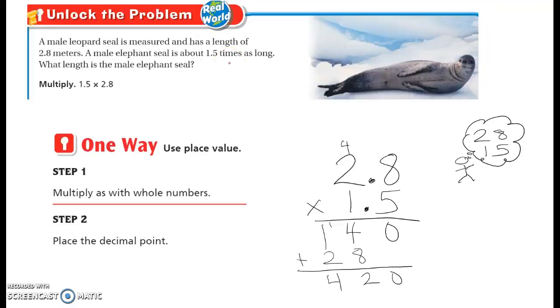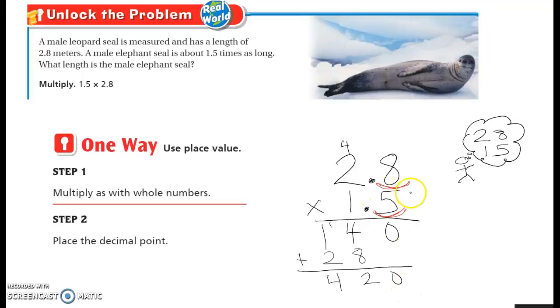So I'm going to look back up here. Here is 2.8. There is one digit after the decimal. In this number, there's also one digit after the decimal place. So that's 2 total numbers that come after the decimal.